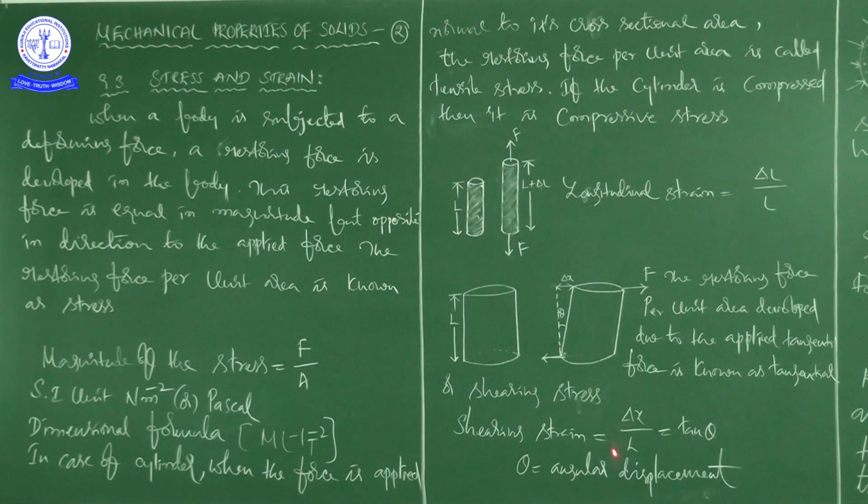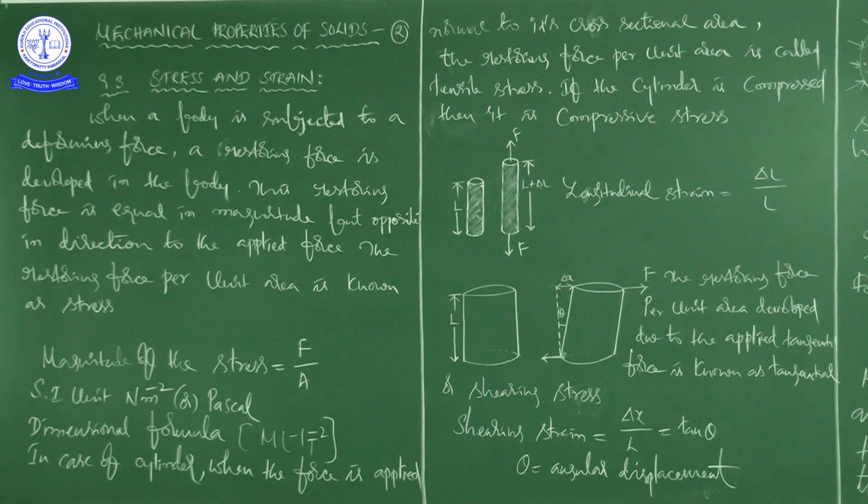So shearing strain is equal to delta x by L, that is equal to tan theta. Theta is the angular displacement. And you know the formula for tan theta: opposite side by adjacent side. Sin theta is equal to opposite side by hypotenuse. Cos theta is equal to adjacent side by hypotenuse.